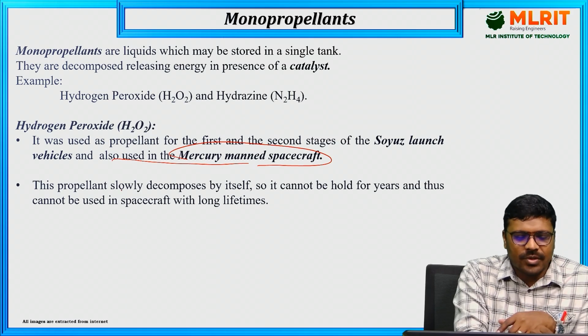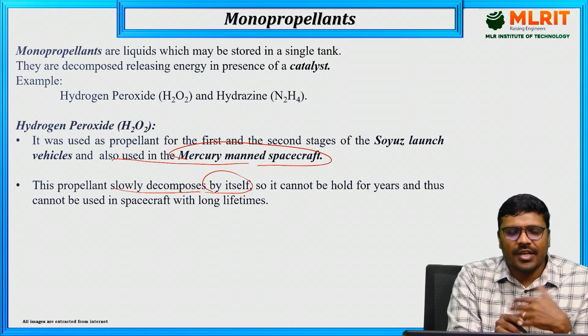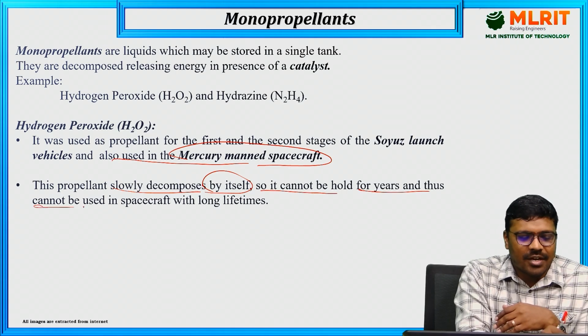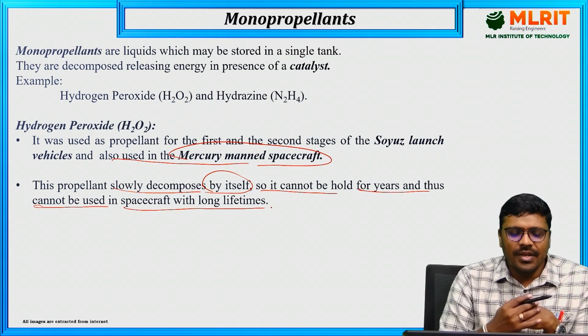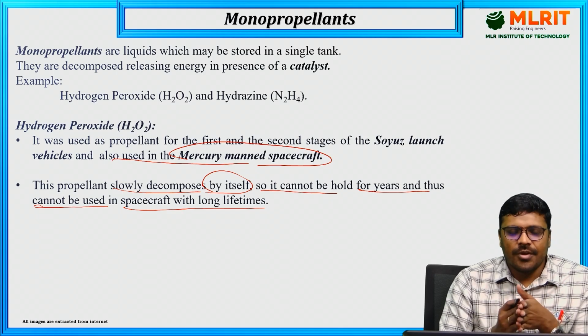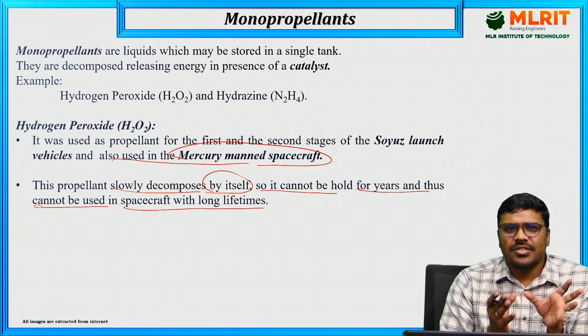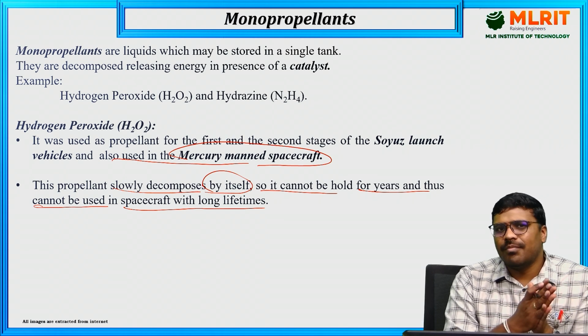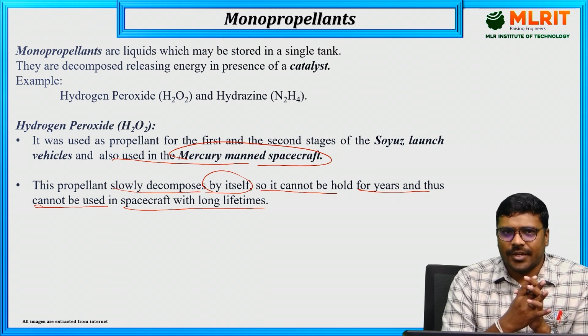The propellant slowly decomposes by itself. Automatically, it will decompose, so it cannot be held for years, and thus cannot be used in spacecraft for a long time. So the disadvantage is that it decomposes slowly on its own. We cannot store this monopropellant for a long time. Whenever the mission is going to start, before that we have to fill the monopropellant in the propellant tank.